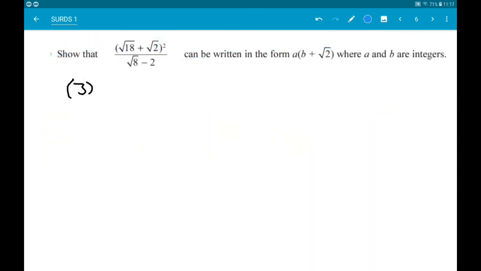Okay, next up, we want to show that root 18 add root 2 squared over root 8 minus 2 can be written in the form a times b add root 2, where a and b are integers. Right.